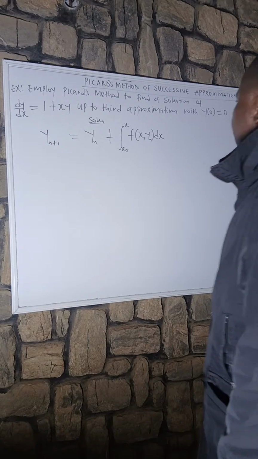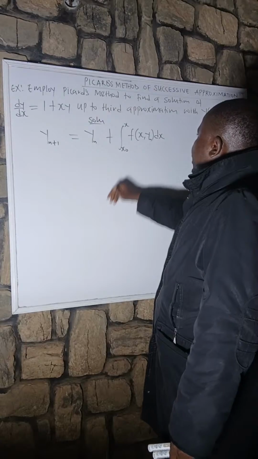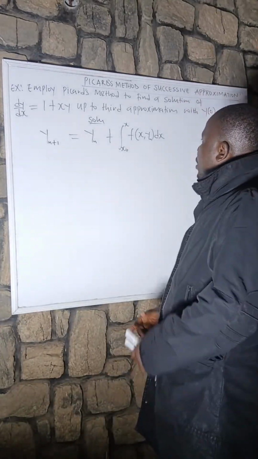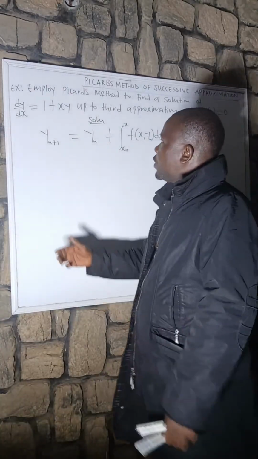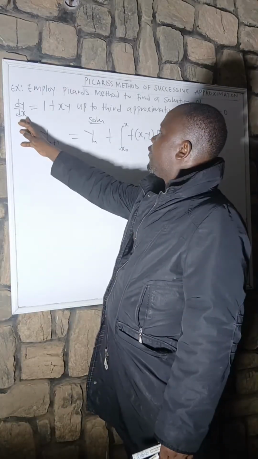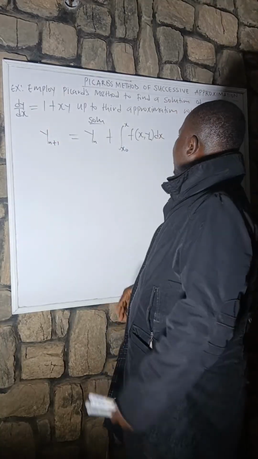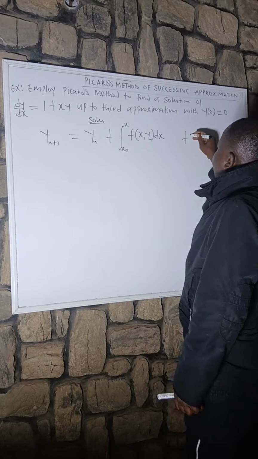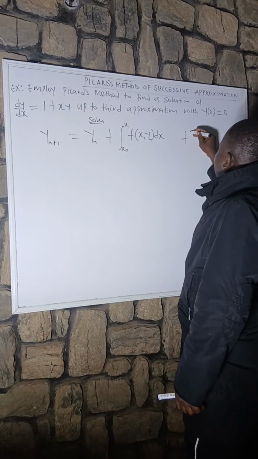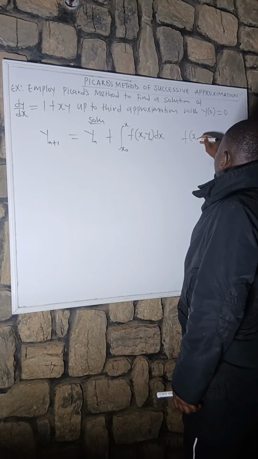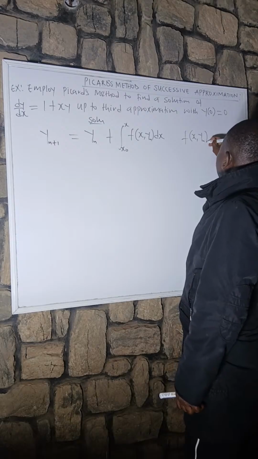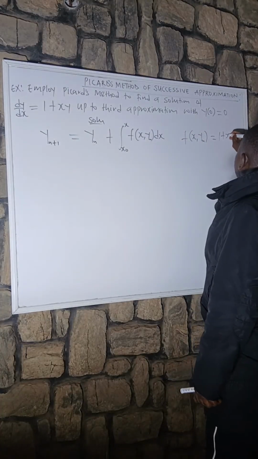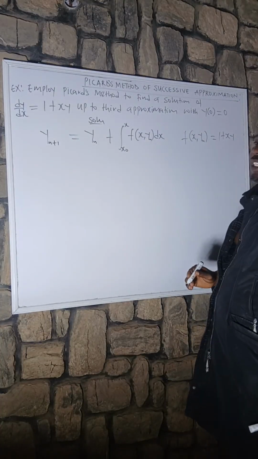Let's look at it together. What we have here is a first order differential equation, so f of x comma y is the function, and this is 1 plus xy. Do you agree with me?